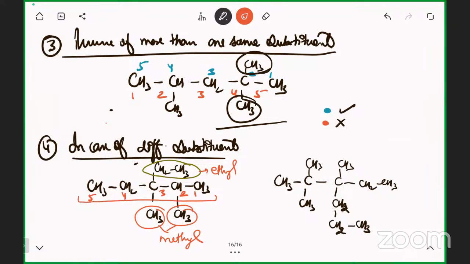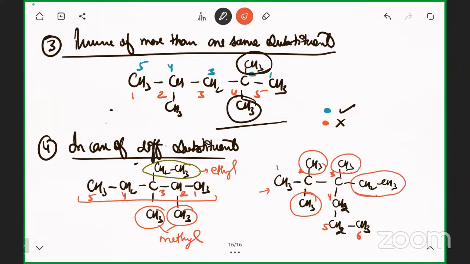Okay. In the second example, first of all, the longest chain is 1, 2, 3, 4, 5, and 6. And I think this follows the same order also. Yes, we have to do the numbering from this particular side, just because the substituents are near. If we go from the back side, it will come on the fourth position.